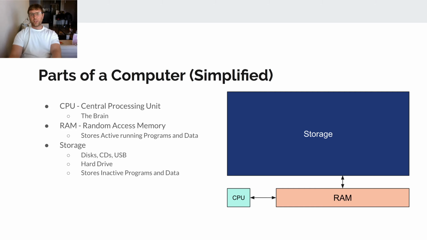A really good analogy I heard one time is storage is kind of like the file cabinet that you might have at an office or at your house. You're not actually using any of the data in there, but you know how to get to it. Once you actually want to use a file from there, you'd open it up, pull it out, and lay it on your desktop. Now you can fill out your taxes or things like that.